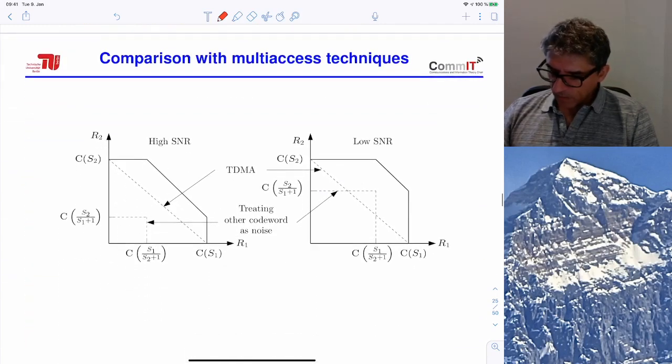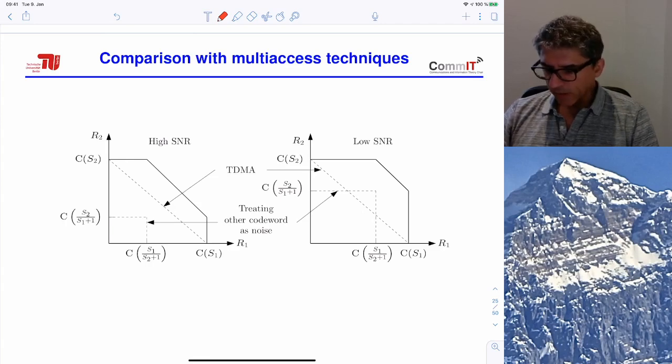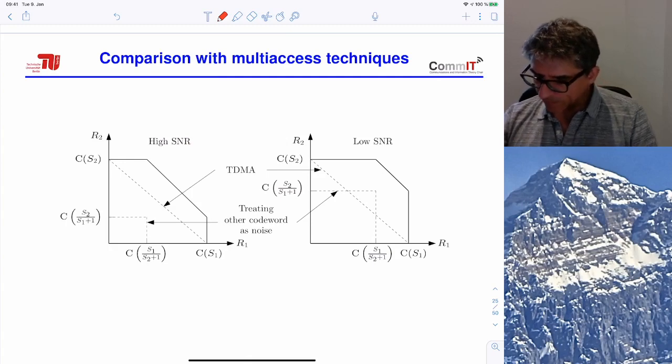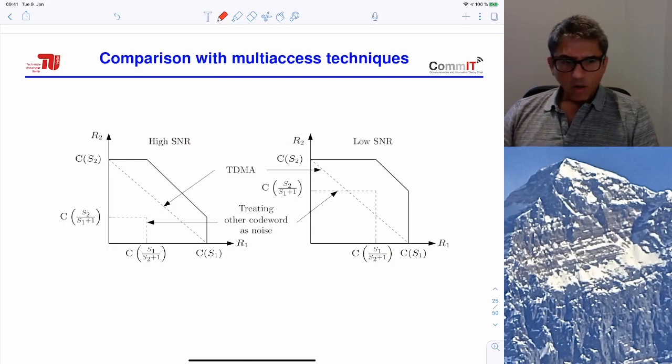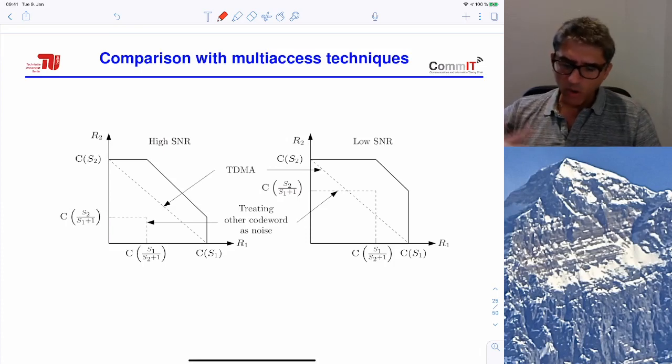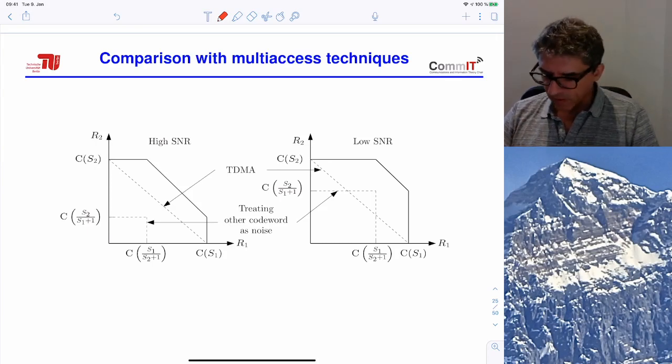So if we compare this optimal capacity region for the Gaussian MAC with other multi-access techniques, let's see what happens. For example, in the case of CDMA, what is CDMA? CDMA uses signals such that each one looks like noise to the other, which means treating interference as noise, for each user without successive interference cancellation.